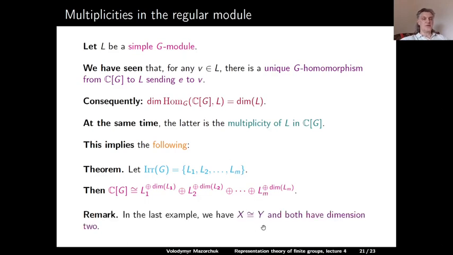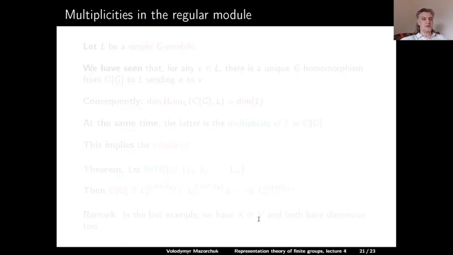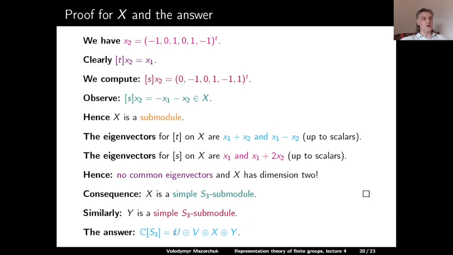In particular, if you look at the last example, the S3 example, U is a one-dimensional module, it has multiplicity 1. V is a one-dimensional module, it has multiplicity 1. And X and Y are two-dimensional modules, so they are isomorphic. So the corresponding simple two-dimensional module has multiplicity 2.